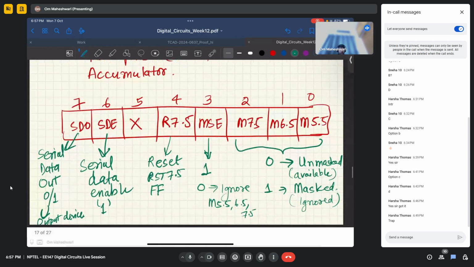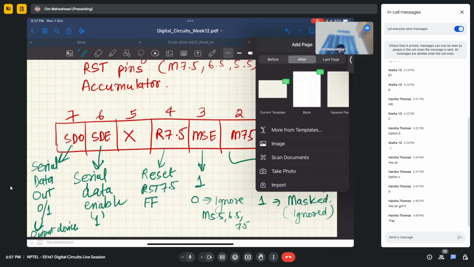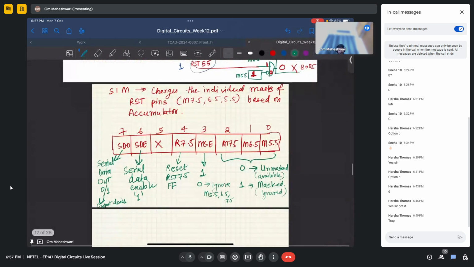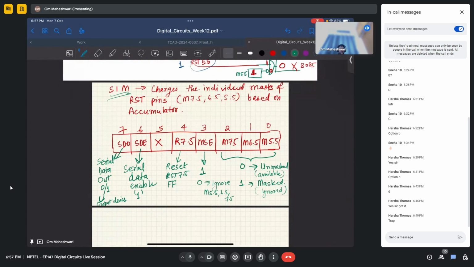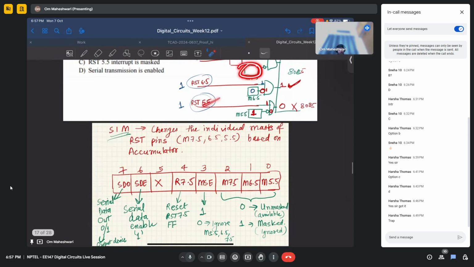Okay, so now we have seen what SIM will do. SIM will change the values at these masks based on the contents of our accumulator.